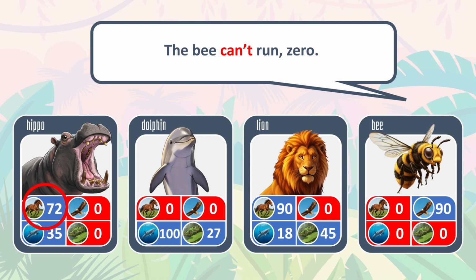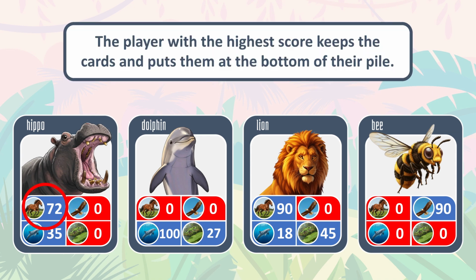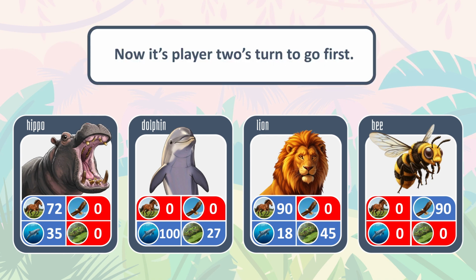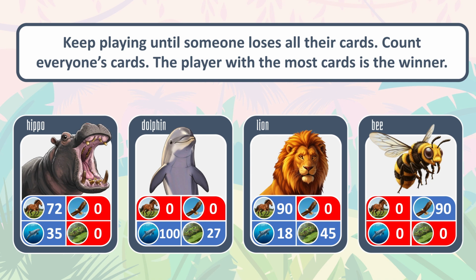And player 4, the bee can't run 0. So the player with the highest score keeps all of the cards and puts them at the bottom of their pile. So in this round of the game, the lion is the winner. So that player can keep the cards and put them at the bottom of his pile, and then it's player 2's turn to go first.